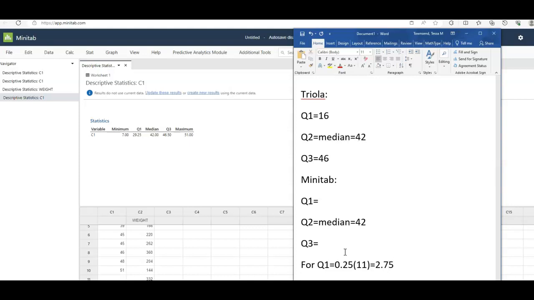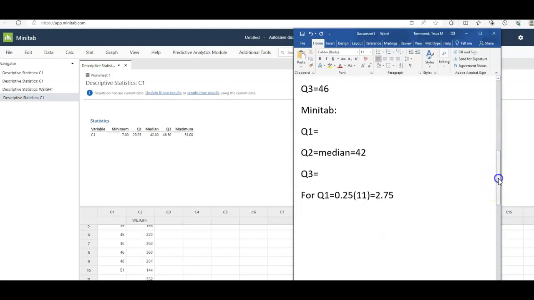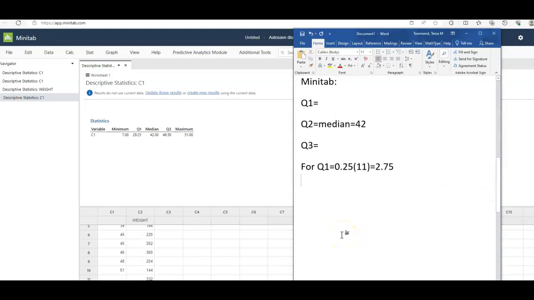So then it says what we're going to do, this is for Minitab, is it's going to take the second item in our list, which was the number 9, the second item, plus the difference between the third and the second, and multiply it times that decimal portion of 0.75. And that's going to be my quartile 1.